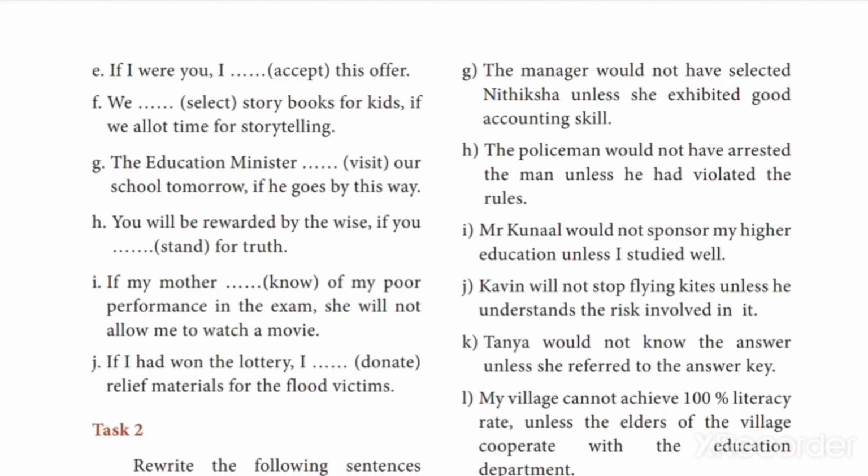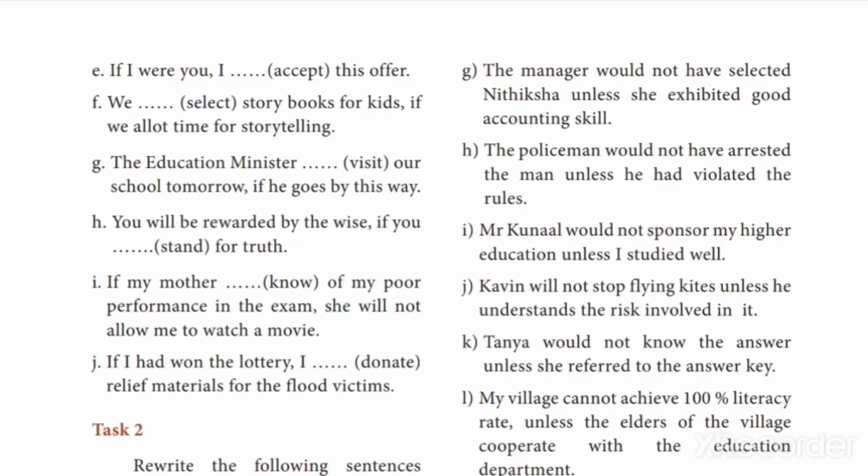That verb understands is split. When it is split, according to conjugation, it splits into does understand and in between comes not. So, the answer is Kavin will not stop flying kites if he does not understand the risk involved in it.